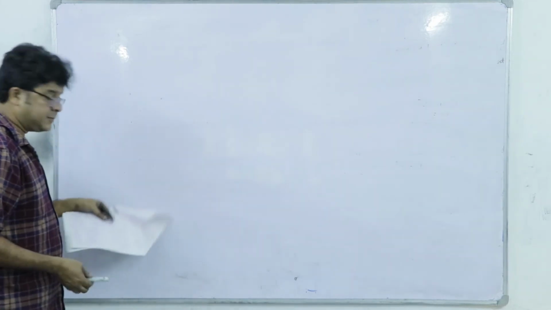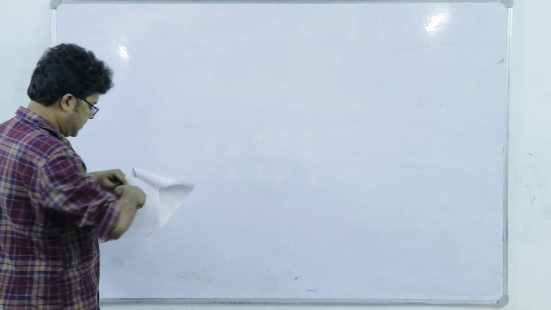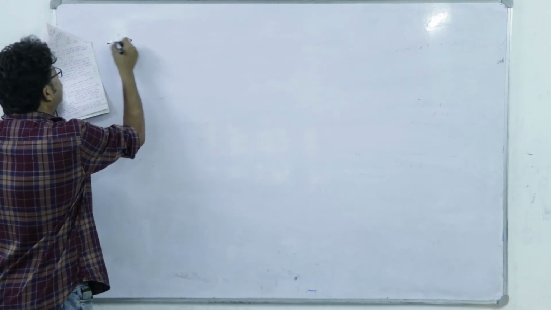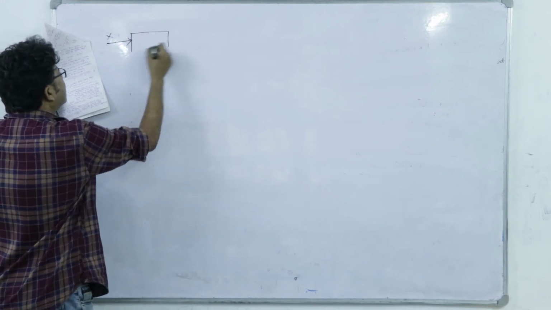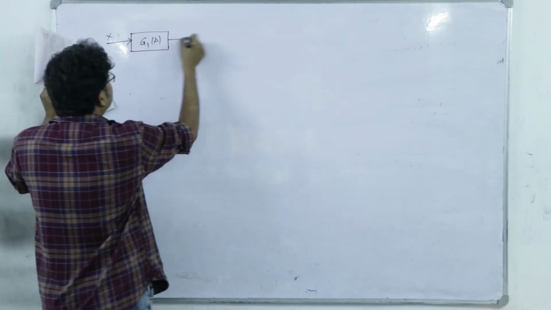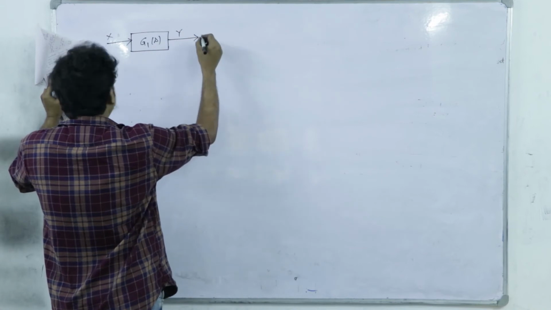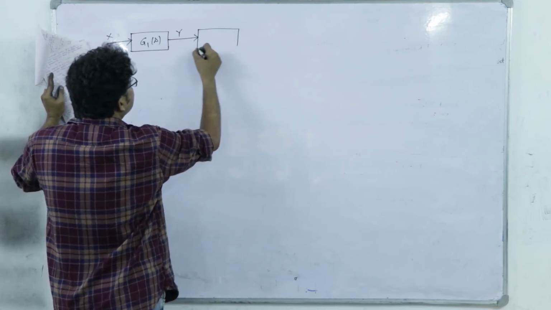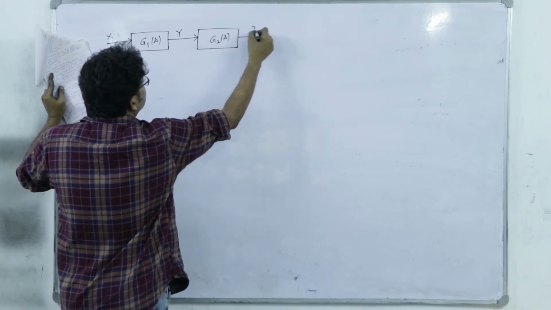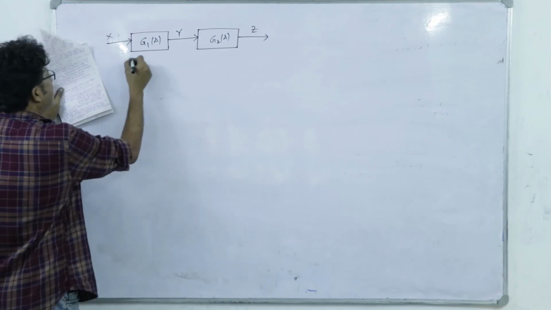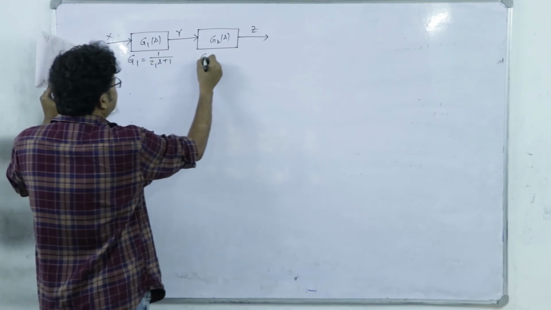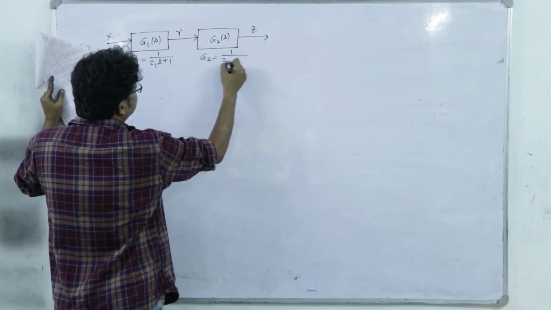So this is another link problem based on frequency response. For a system shown below, X goes through G1s to give Y, and Y goes through G2s to give Z. Now G1 is equal to 1 divided by tau 1 s plus 1, G2 is 1 divided by tau 2 s plus 1.